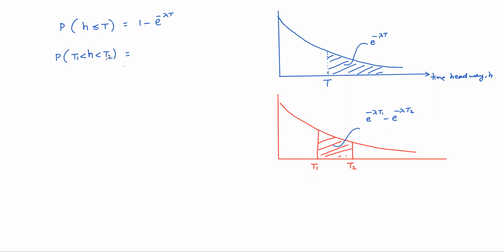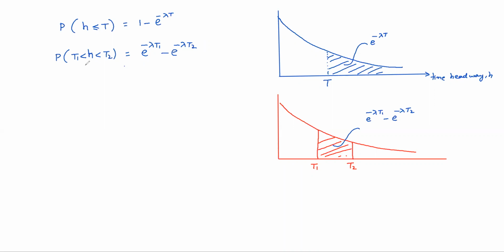That means in between T1 and T2, it is nothing but e power minus lambda T1 minus e power minus lambda T2. Okay, clear? Probability that headway is in between T1 and T2 is nothing but e power minus lambda T1 minus e power minus lambda T2.